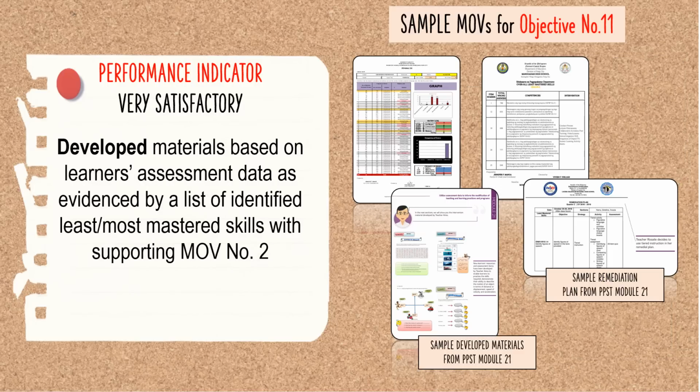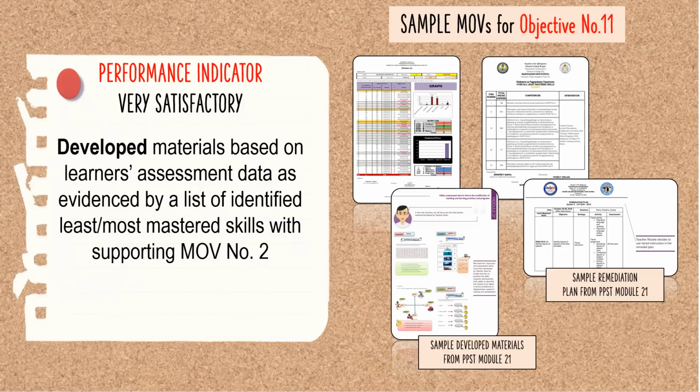These are the sample MOVs naman to get a very satisfactory rating for objective number 11. Kasi ang performance indicator ng very satisfactory for quality ay develop materials based on learners' assessment data as evidenced by a list of identified least or most mastered skills with supporting MOV number 2.